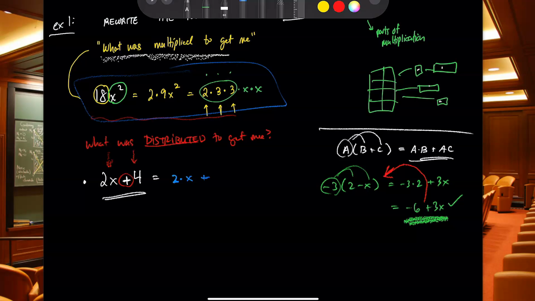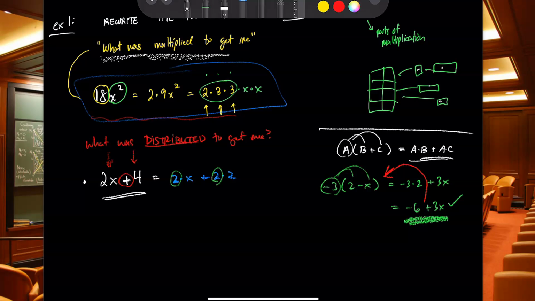How about 4? I could factorize it as 1 times 4, but I could also write it as 2 times 2. And why would we do that? Well, because we can see that each of these terms has a common factor of 2. So it almost looks like this was distributed in from the outside to each term, and that'd be right.